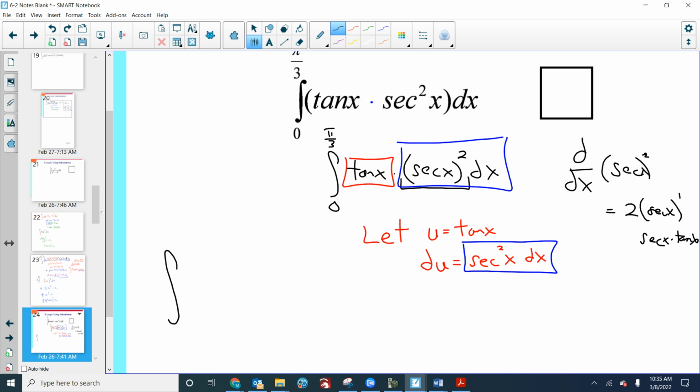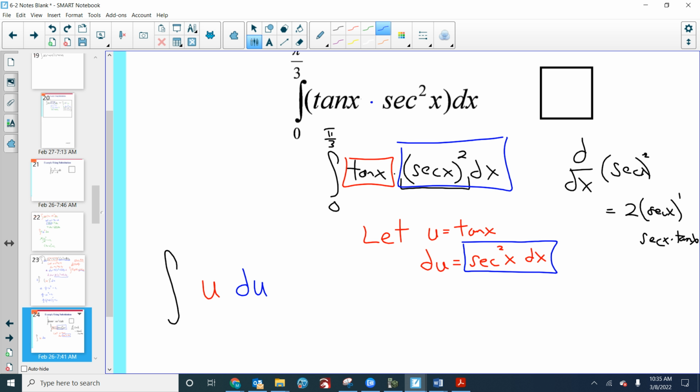Now, what's in red? I let u equal tangent x. Everything in blue turns into du. That's a pretty simple integrand.